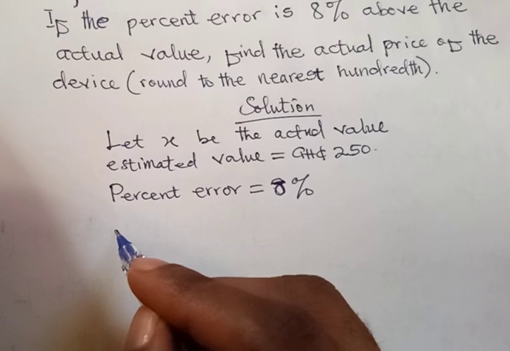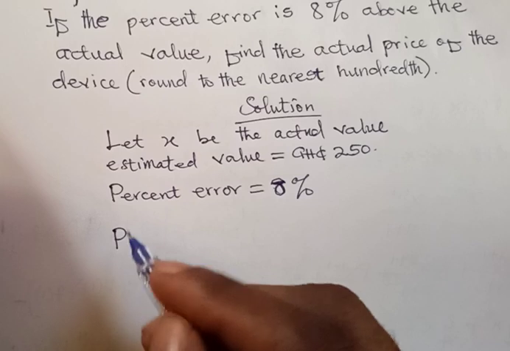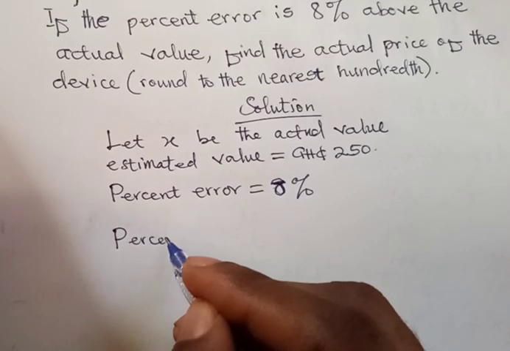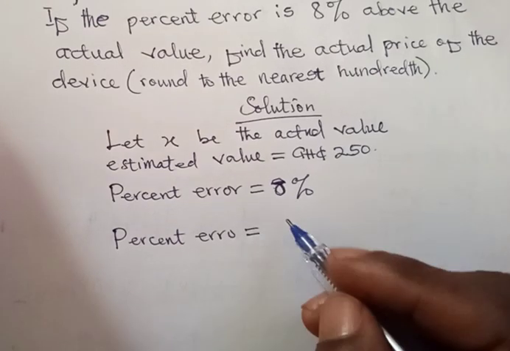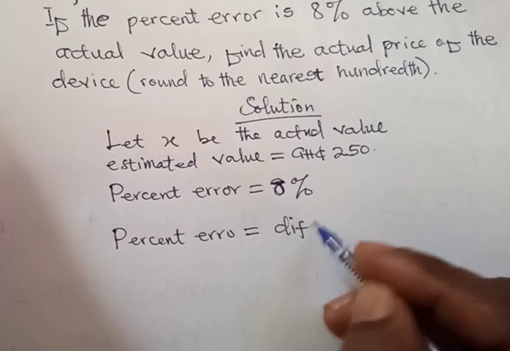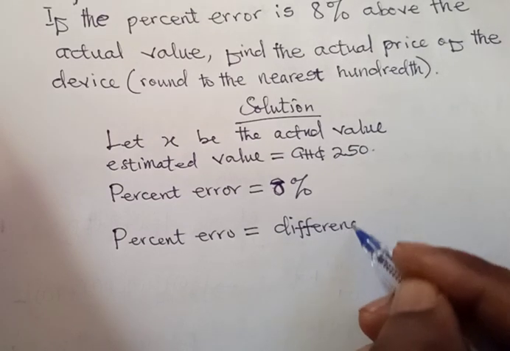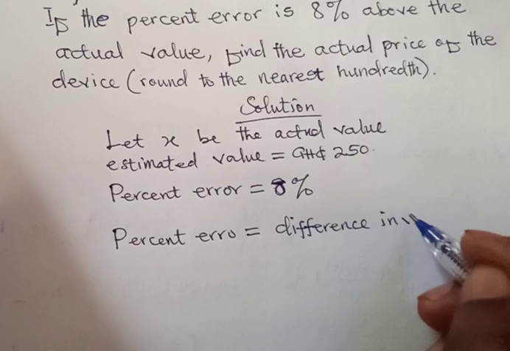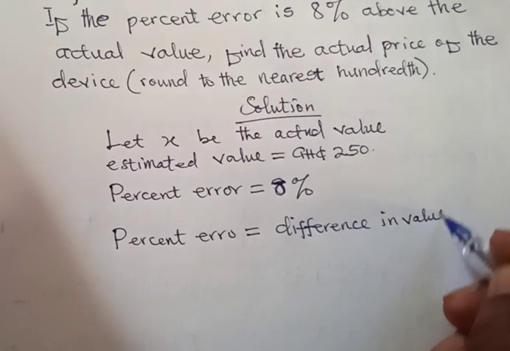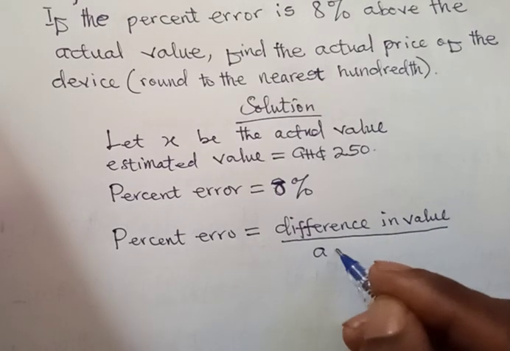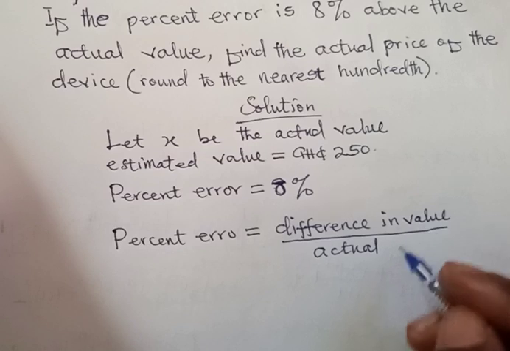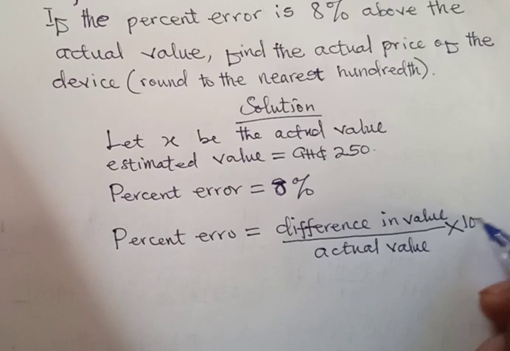Percent error is given as the difference in value, all divided by the actual value, times 100%.